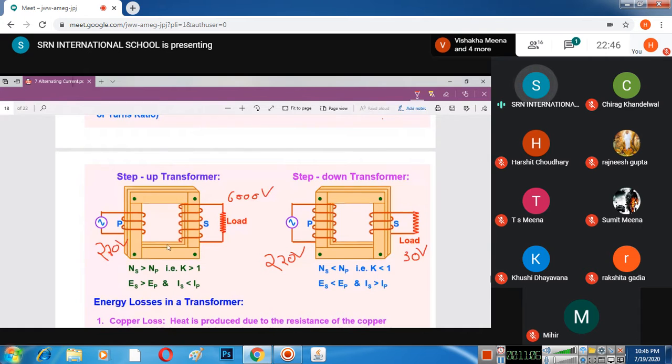That means if you are increasing the potential, you are generating it, and if you are decreasing the potential, you are destroying it. And the law of conservation of energy says we cannot create or destroy energy. That means ultimately this device is violating the law of conservation of energy.